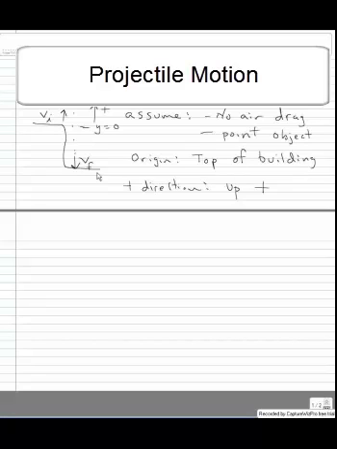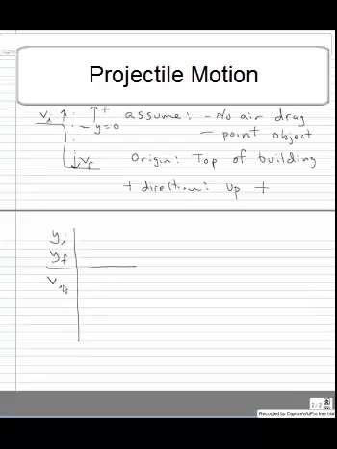Okay, now you need to understand what data you have and what you're trying to solve for. And when you're working projectile motion problems, it's best to start off with a little table. And the 5 things you need to know: y initial and y final, that's really one thing. That's your change in your y direction.